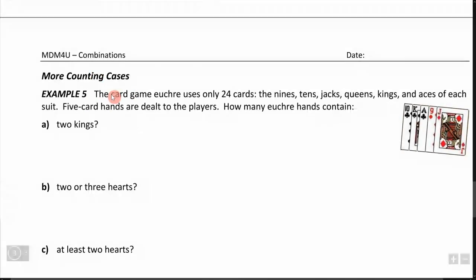Let's just write that here at the top. In the game of Euchre, we have 12 red cards, and we have 12 black cards, and 6 of each suit.